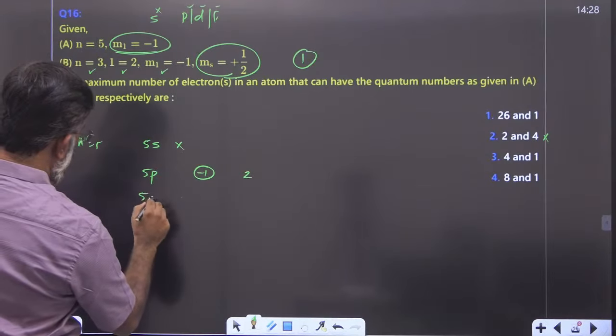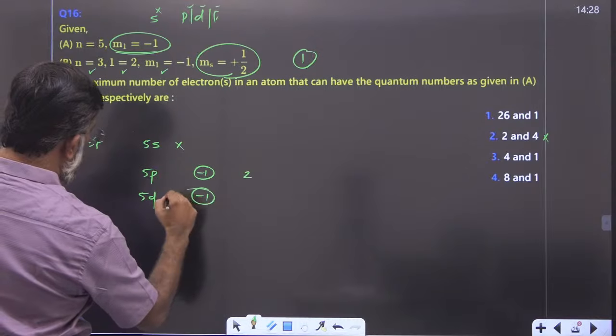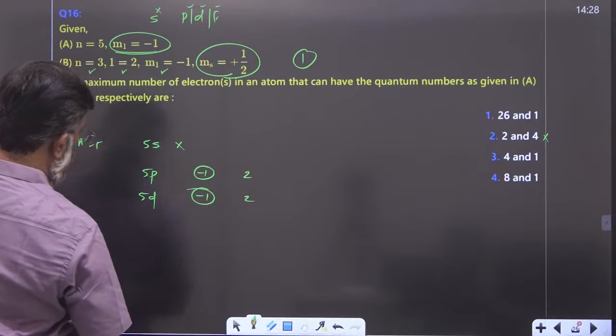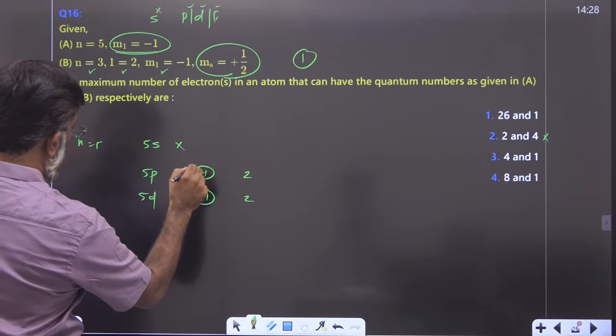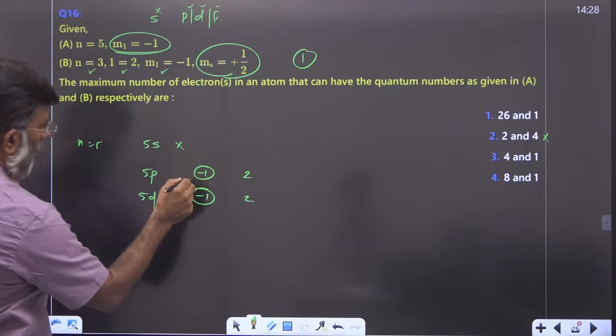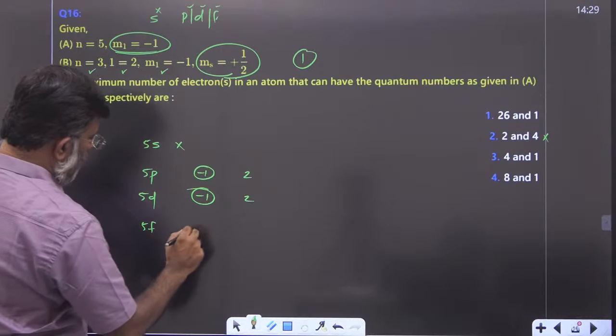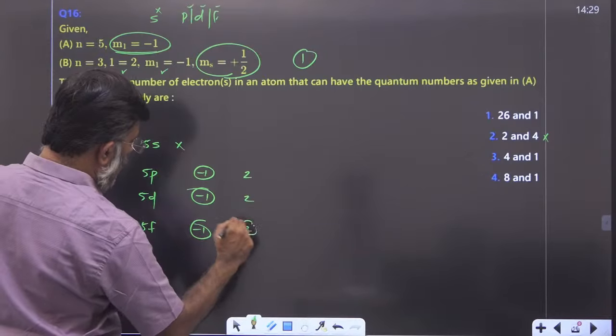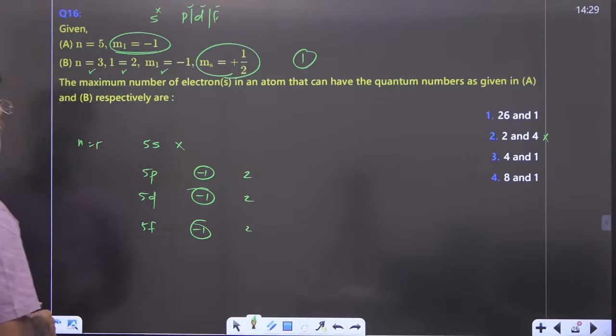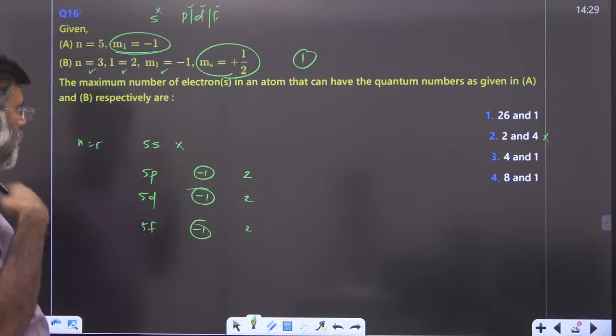Then in 5d, 2 electrons with m_l equal to -1 can come, because this is one orbital, and it can have 2 electrons. Now in 5f also, 2 electrons with -1. Now n equal to 5, maximum number of electrons.